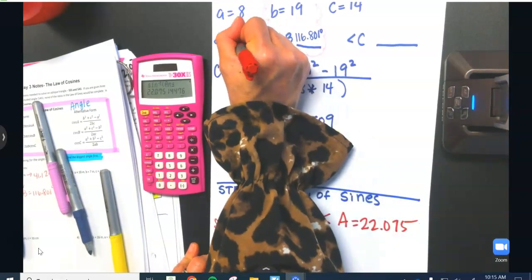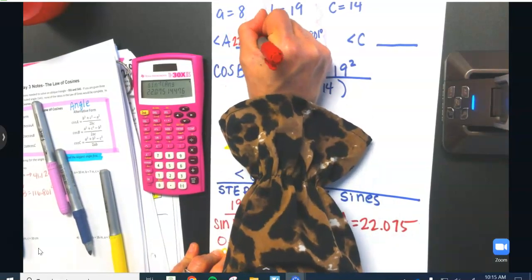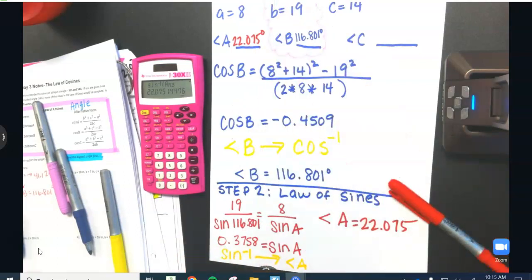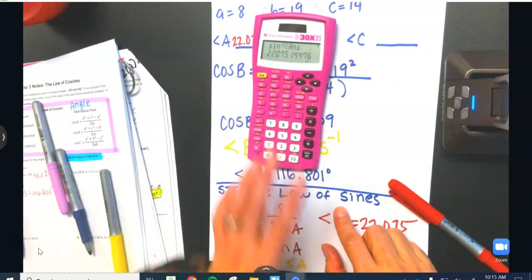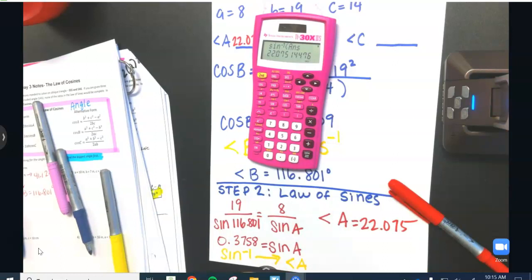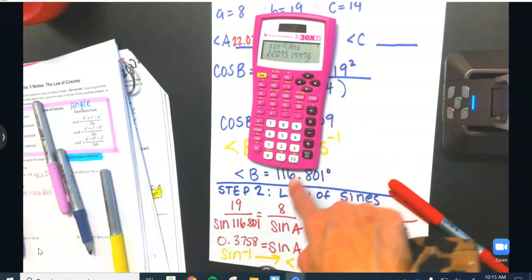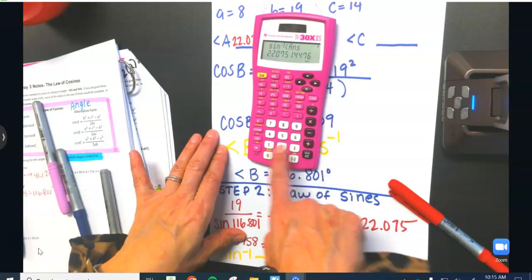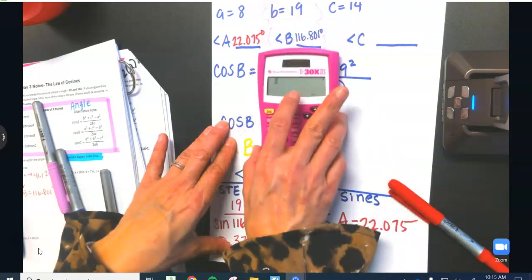That was from law of sines. Angle C, always the same. What does step 3 say? Subtract from 180. You are always going to subtract them from 180. This is another step. Clear your calculator. Just so we all have the same rounded answers, I'm going to hit clear.